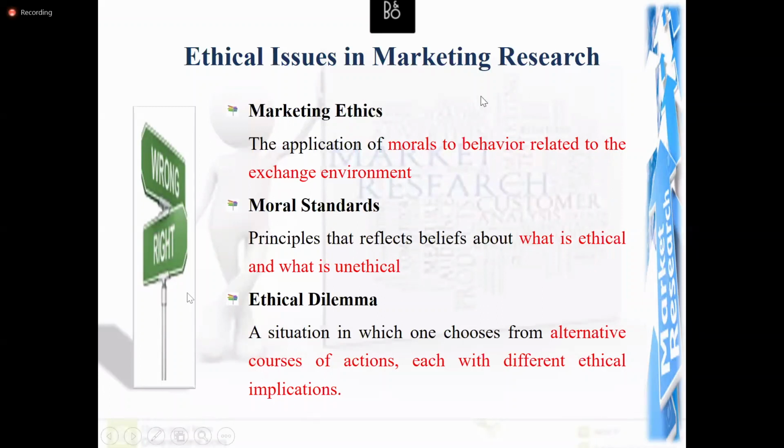So there can be marketing ethics, where we have to apply morals to behavior related to the exchange environment, that is, where the interactions are going to take place, and the moral standards. Of course, we also have to make people understand what is right and what is wrong, so we have to promote what is really right.